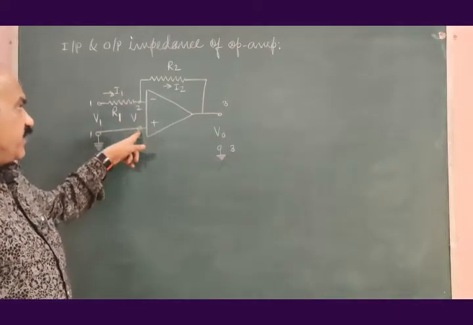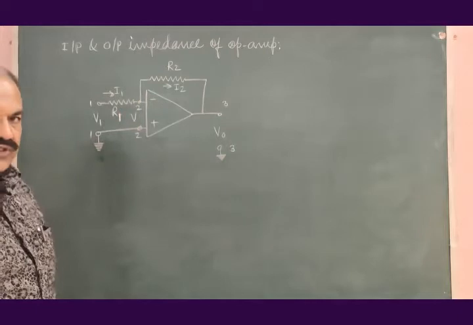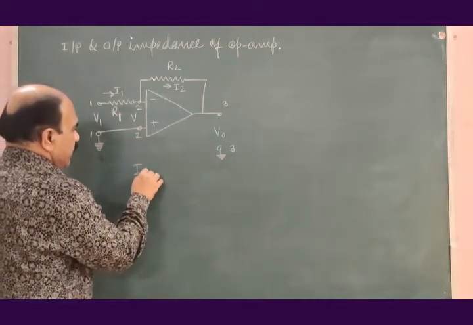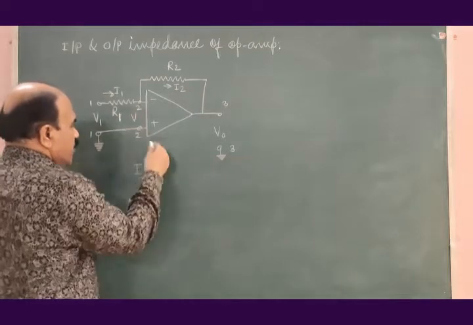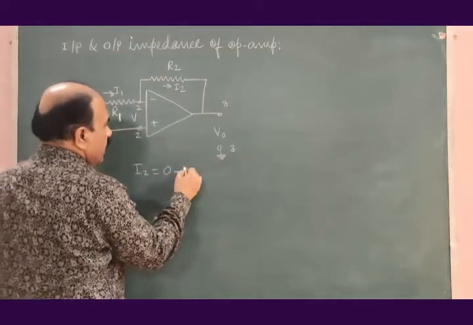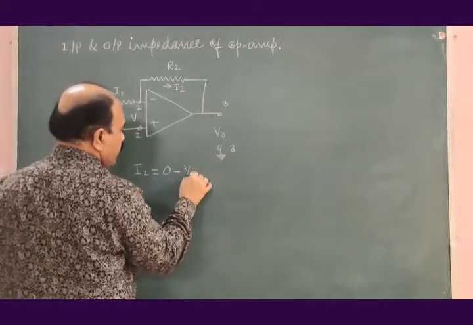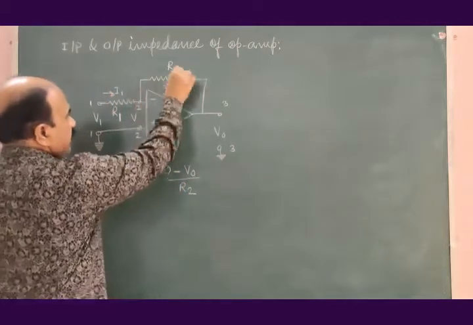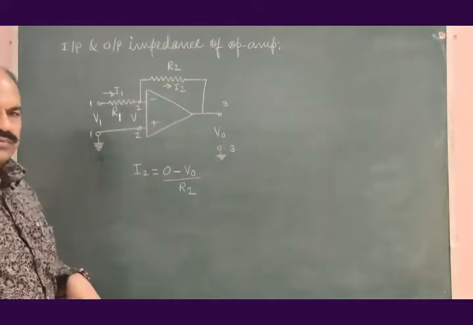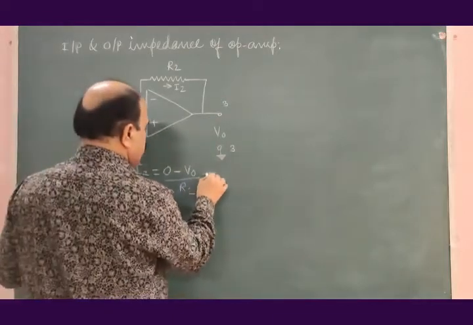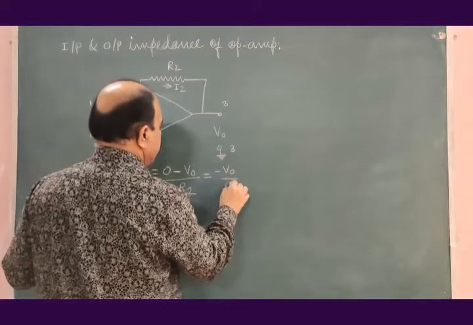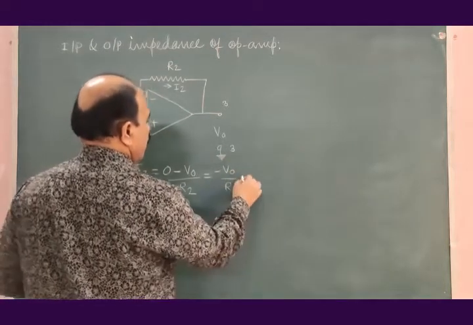If voltage between the points 2, 2 is approximately 0, current I2 will be equal to this voltage, that is 0, minus this voltage VO divided by resistance between them, that is R2. Or I2 is simply equal to minus VO divided by R2.